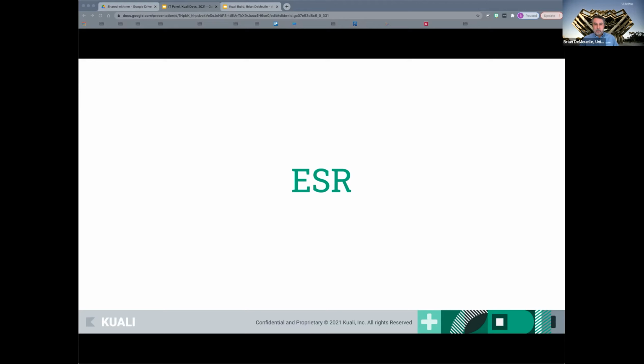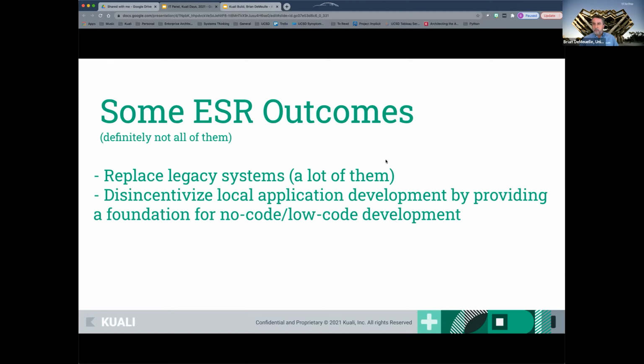As is typical in a higher ed landscape, we still had a very distributed organization, even though we were doing lots of centralization over the past 5 years. A couple of the outcomes for the ESR program were, of course, to replace these legacy systems with a more modern architecture, as well as to try to disincentivize local application development.